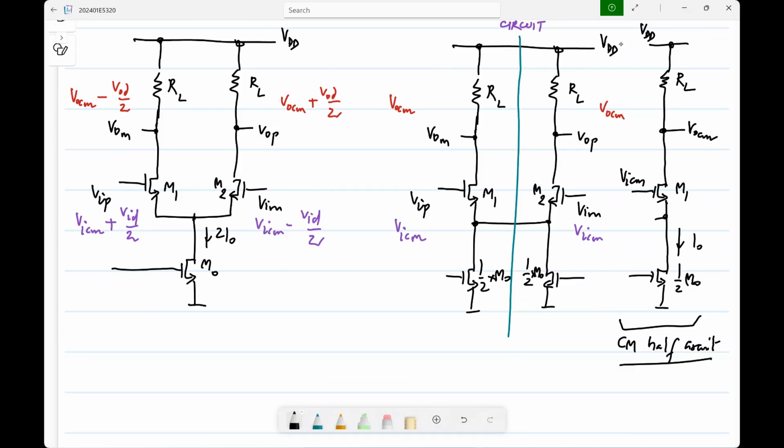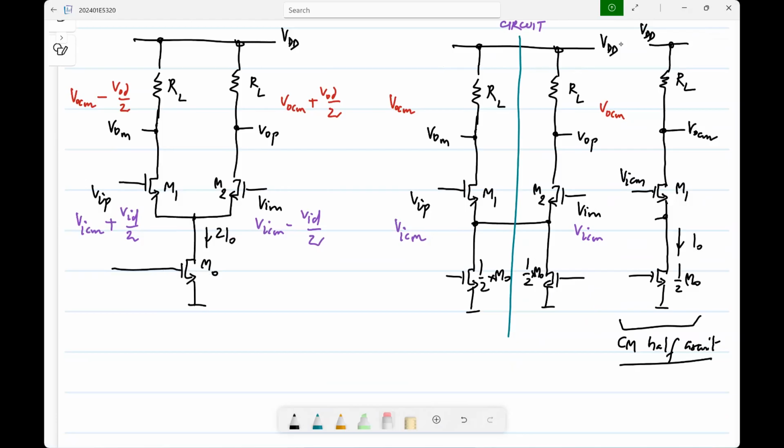The only thing to keep in mind is there may be components like this which apparently are not in two halves, but you can always split that into two components. If you have a conductance, you have two half conductances in parallel. If you have two capacitances, you have two capacitances of half the value in parallel, and so on. So you can always split that into two parallel halves and then assign one to each half.